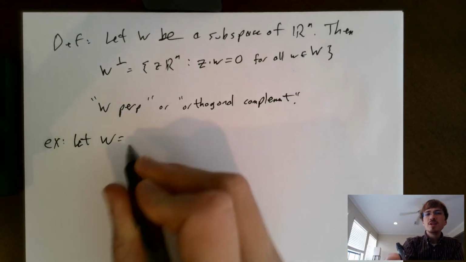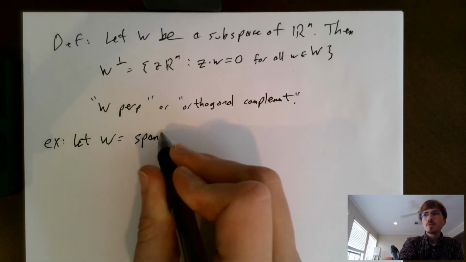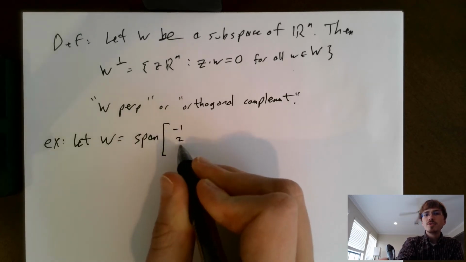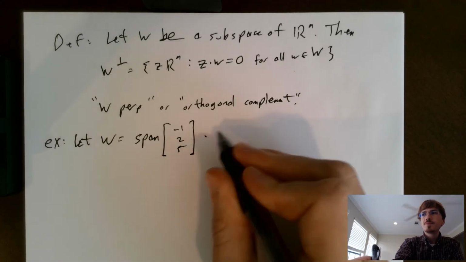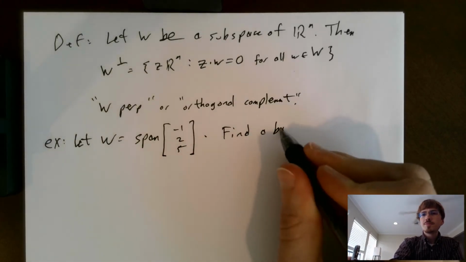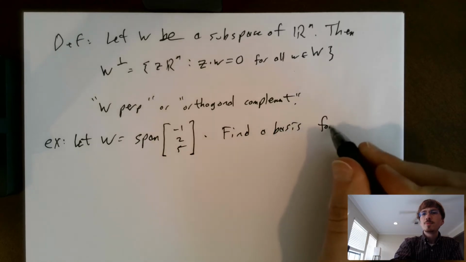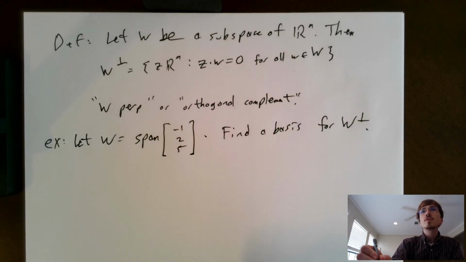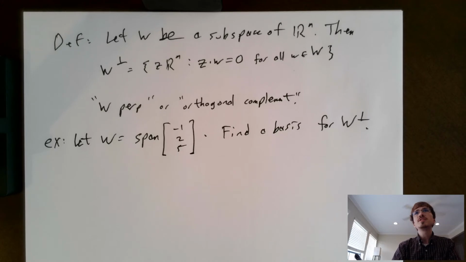Let W be equal to the span of the vector -1, 2, 5. Find a basis for W perp. You might want to pause the video and see if you can figure this out yourself. You have all the tools, there's nothing new here. So try to do this yourself.